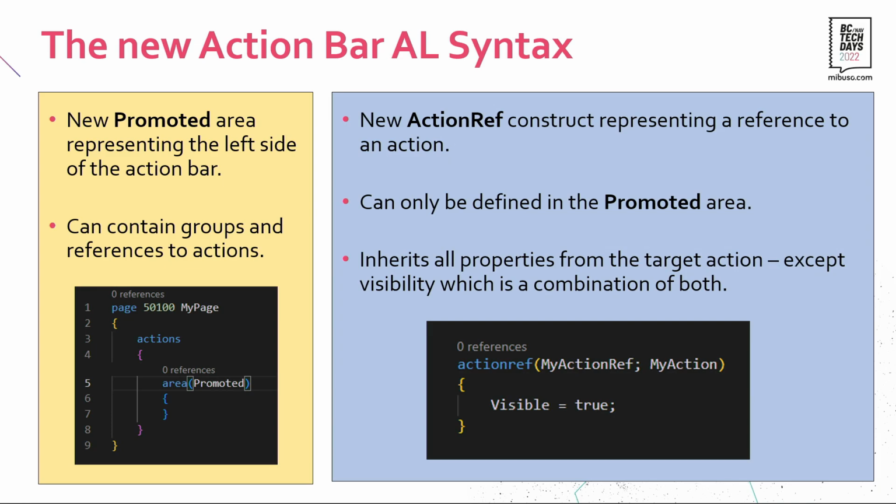The second concept is the new ActionRef syntax, a new construct that represents a reference to an action. They can only be defined in the promoted area, and they will inherit most of their properties from the target action. Since they're just a reference and we don't want to have code duplication, they inherit everything there. Only the visibility can be customized.